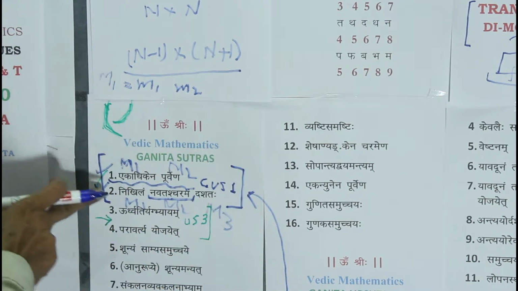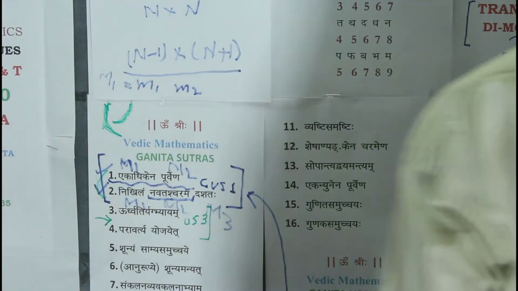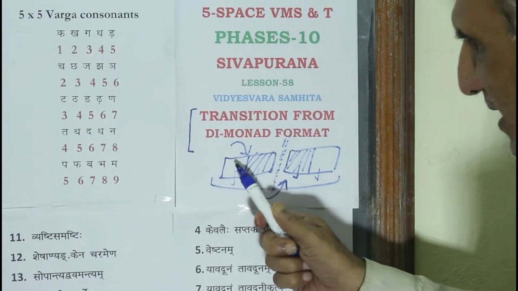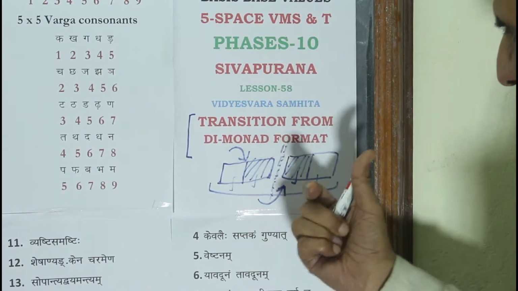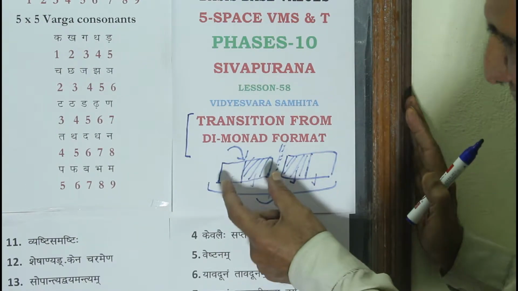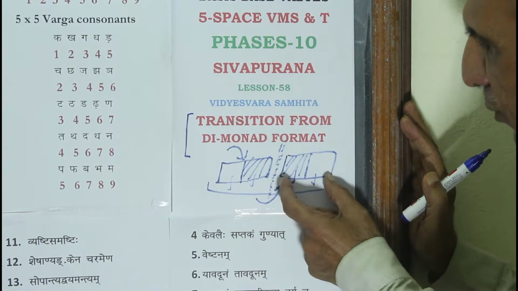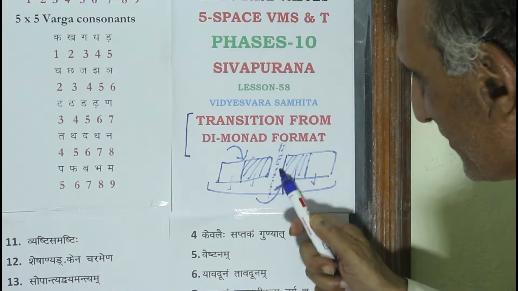Therefore, let us have a pictorial representation as if the dimonad is here of a white part and a shaded part. When we have its image, it will be a shaded part and a white part, and thereby we will be having the quadruple monads with us, but the absence of a mirror.